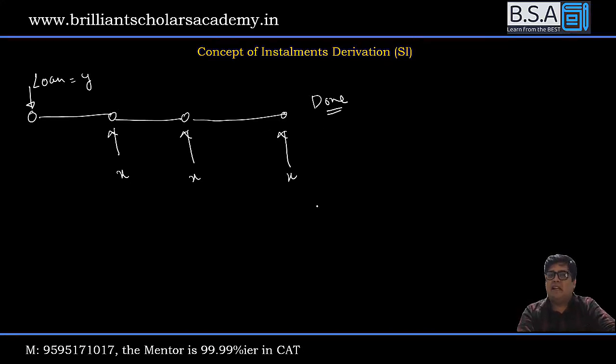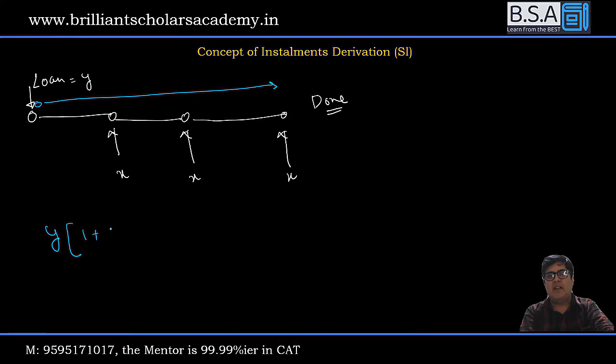So we can directly jump to the formula in this manner. This loan was active till this point for 3 years. So the loan Y would have increased 3 times.